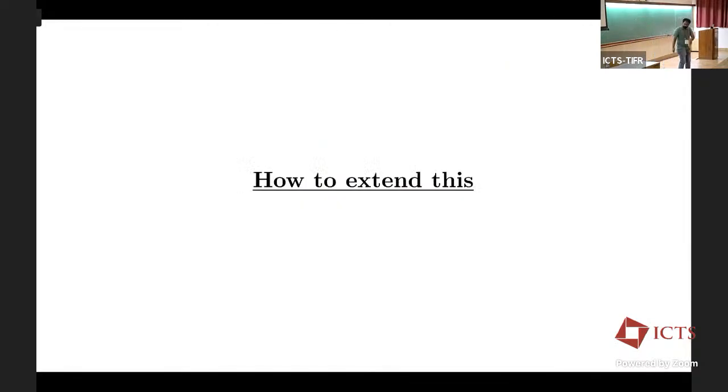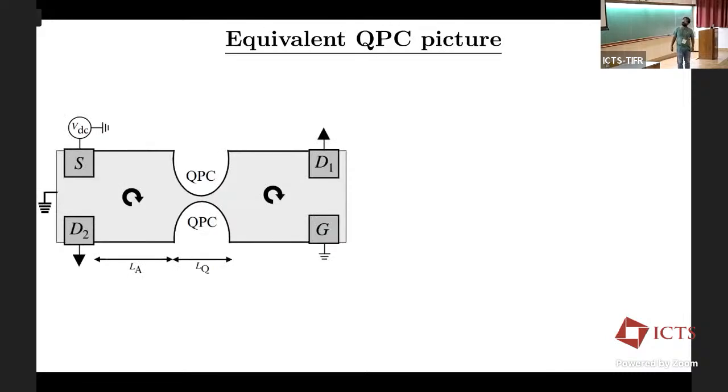But I showed you some other work, so let me tell you how to extend this to other systems. Probably many of you have heard about the quantum point contact. What is it? It's a constriction. So this is the quantum Hall. You push the boundaries close to each other, and they start tunneling to each other. This is actually how the 1/3 charge and 1/5 charge were first measured.